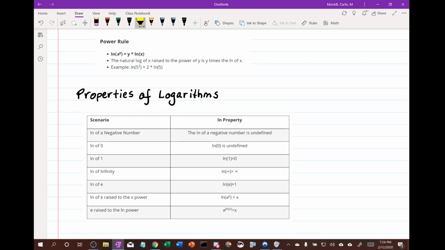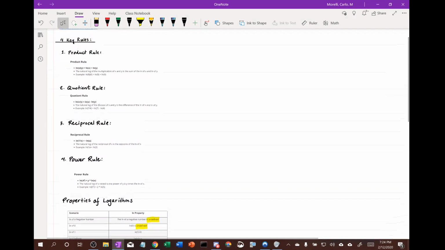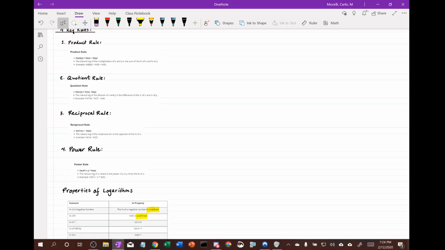The ln of a negative number is undefined. The ln of 0 is also undefined. The ln of 1 is 0. The ln of infinity is infinity. The ln of e, which is a transcendental number that we'll talk about, is 1. Ln of e raised to the power of x is x. E raised to the ln power of x equals x. So this is kind of confusing, but this is one of those things where you'll always be allowed to use your notes. So good notes will always be able to just refer back to these.